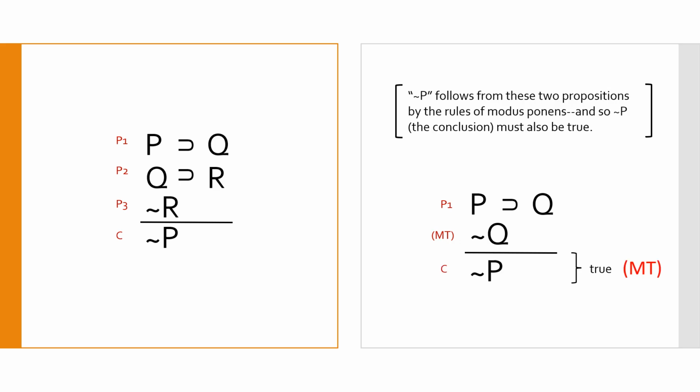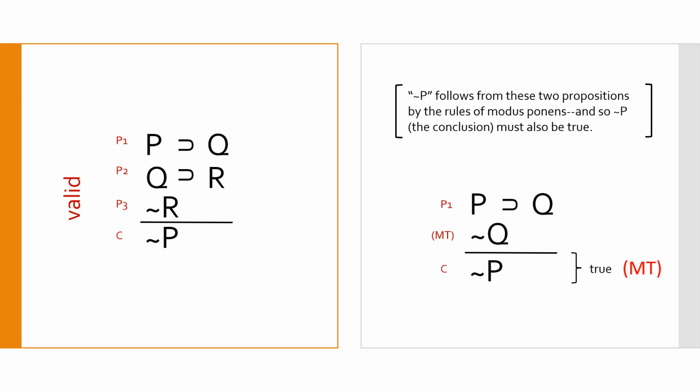And from this, we can now infer that the proposition not P must also be true, based simply on the rules of modus tollens. And of course, that is exactly the conclusion that we're trying to defend in the original argument. And so what does that tell us? Well, quite simply, based on the rules of modus tollens put together multiple times, what we discover is that the original argument with its three premises does in fact lead us necessarily to the conclusion it's trying to draw.